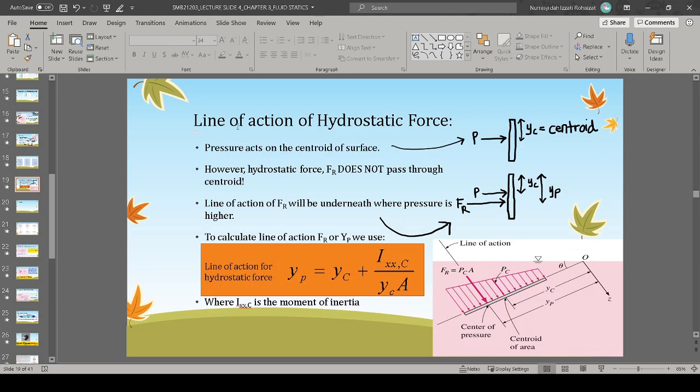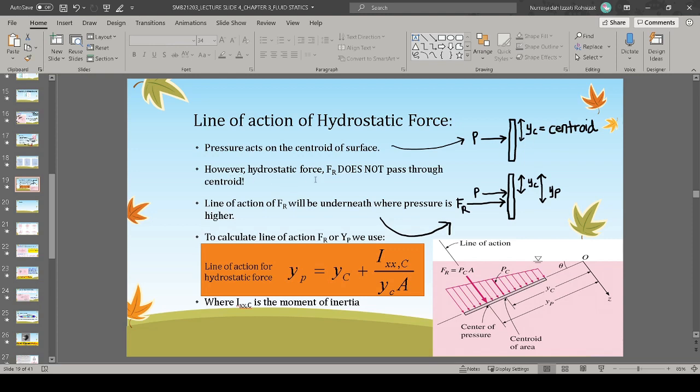Okay, line of action for hydrostatic force. We know that pressure acts on the centroid of the surface. So if we are calculating pressure P, it should be acting at the centroid. If your surface is a square, it should be half the height of the square. So that is YC, your length to the centroid.